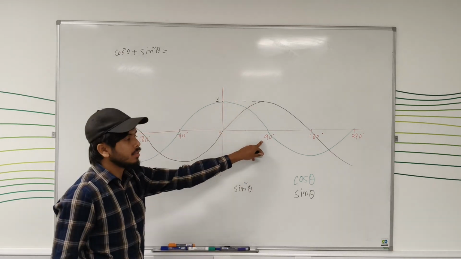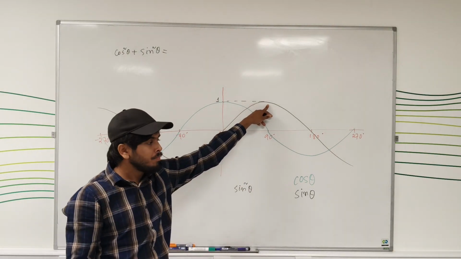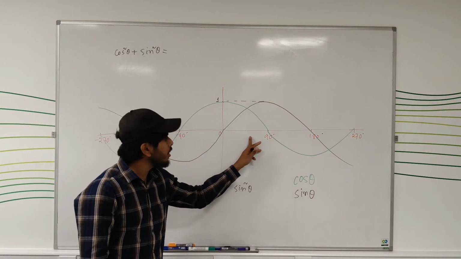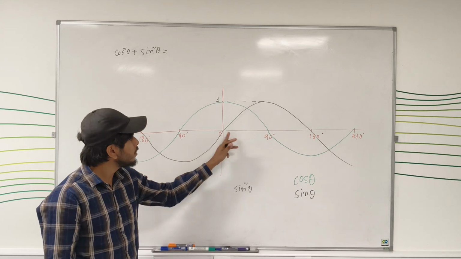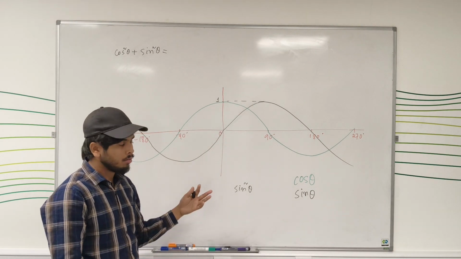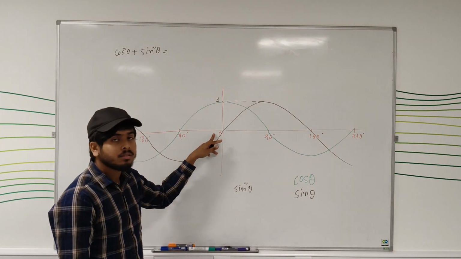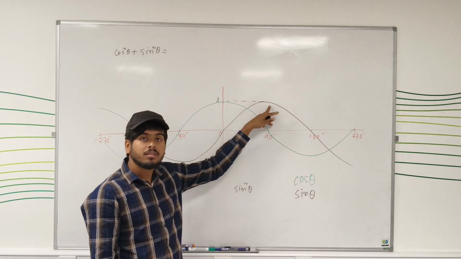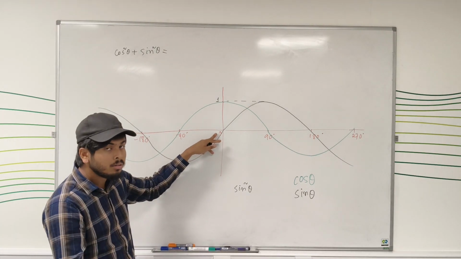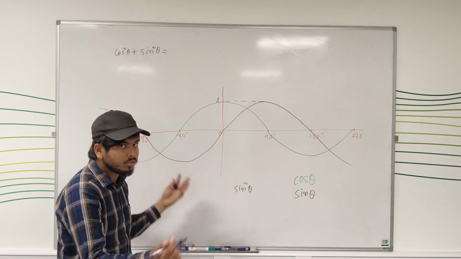When theta is 90 degree, sine theta goes to 1. So for any values of the angle theta between 0 to 90 degree, the value of sine theta is less than 1. And when theta is 0, sine theta is 0, theta is 90, sine theta is 1. So when theta is 0, sine theta is 0, so sine square theta is also 0.